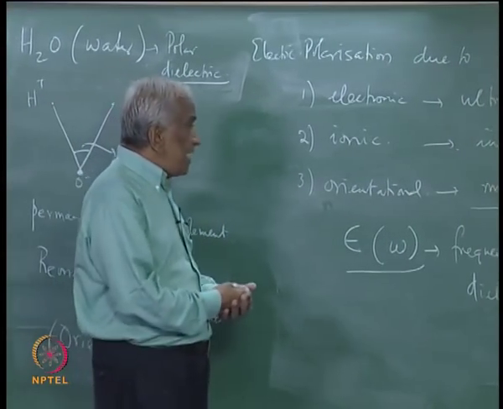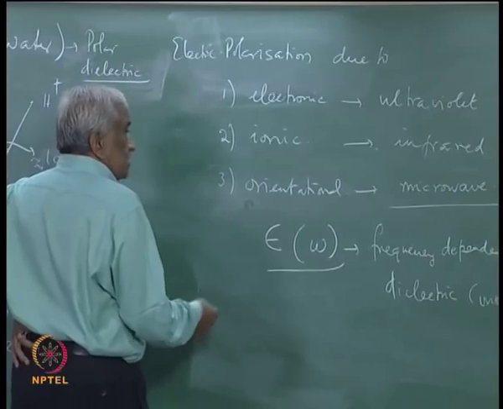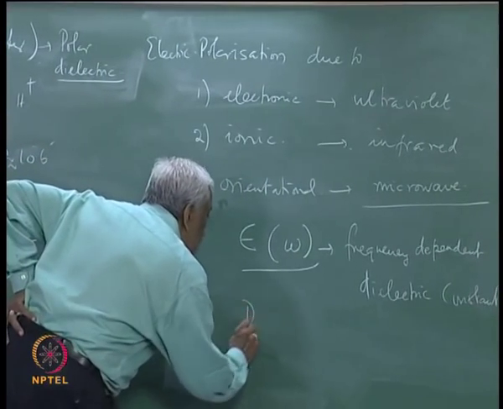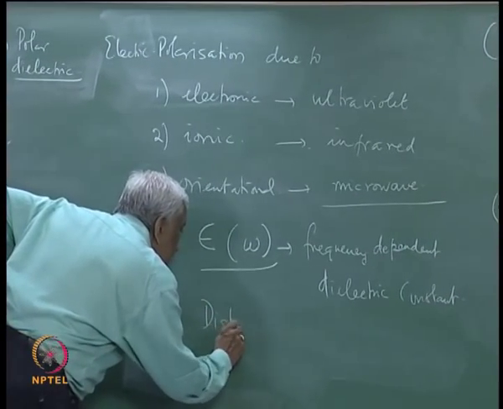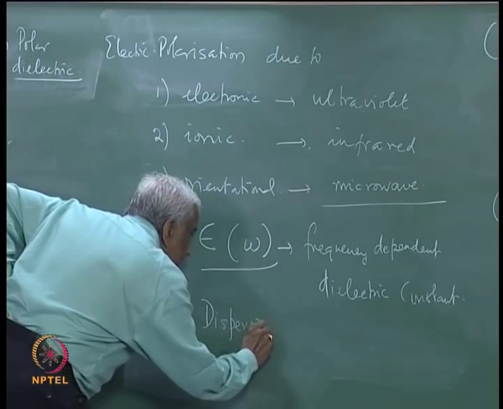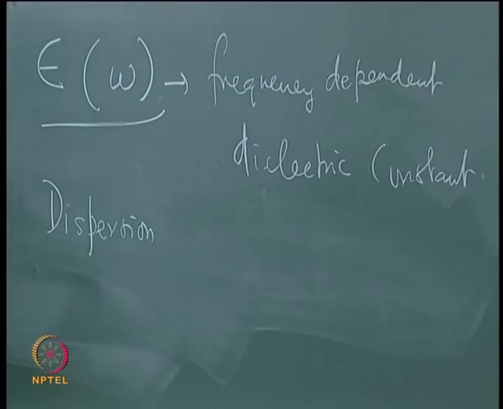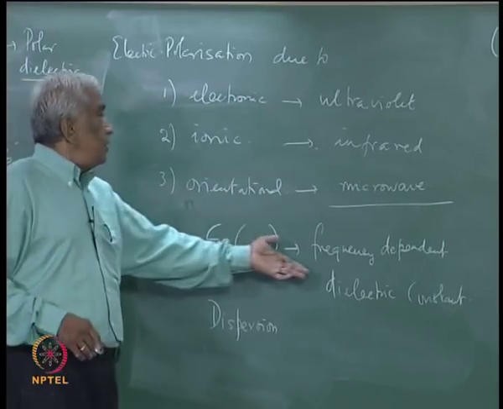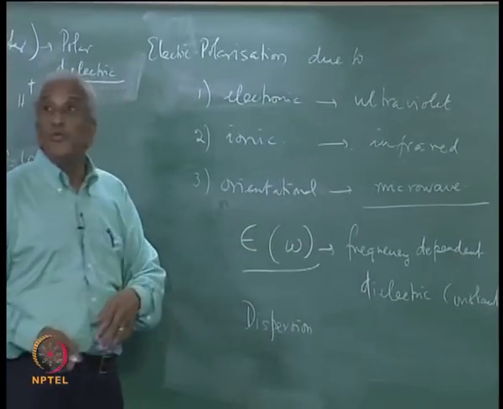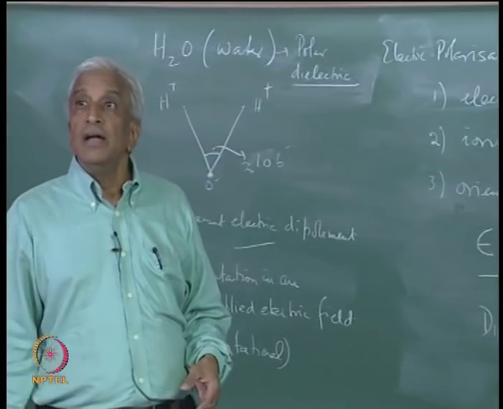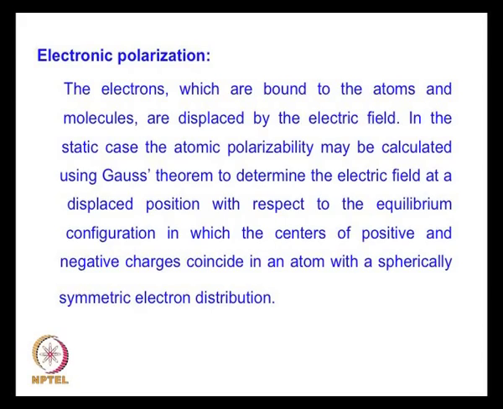Therefore, you can see that the phase velocity changes, and this is what we know as dispersion. So, the phenomenon of dispersion arises from the frequency dependence of the dielectric constant. Now, let us consider this electronic polarization mechanism in a little detail.